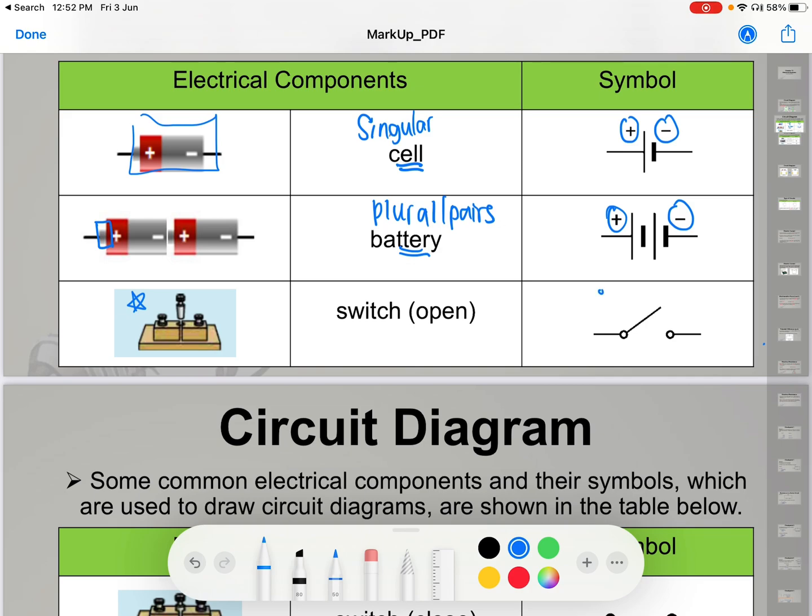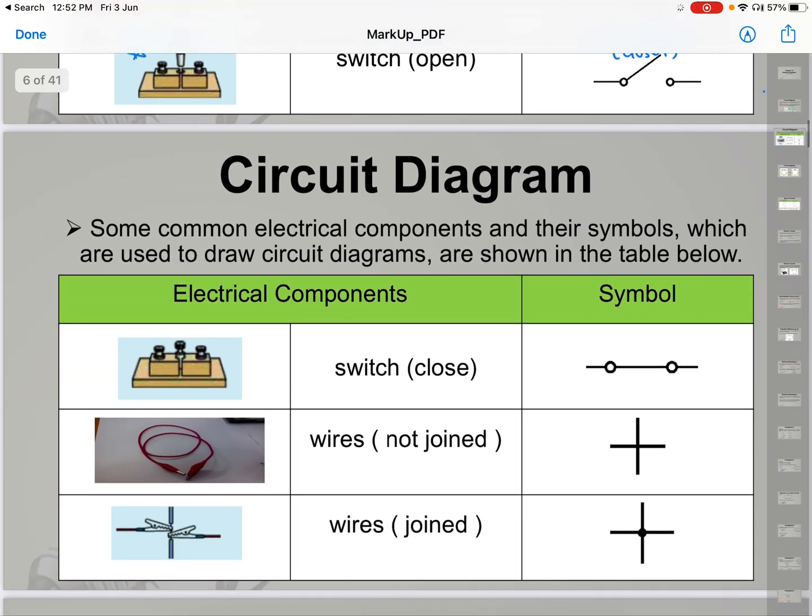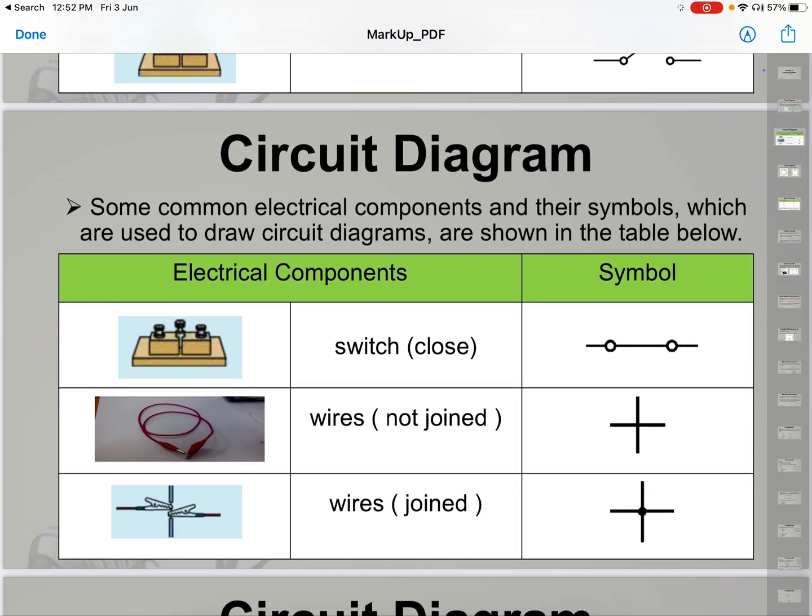Okay, if it's a closed switch, then it will look something like this. So this is a closed switch. Now a closed switch will definitely be able to allow electrical energy, right, current to flow through. Okay, so that's what we have here, a closed switch.